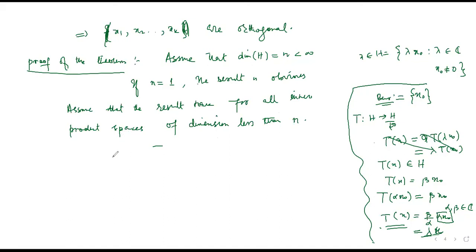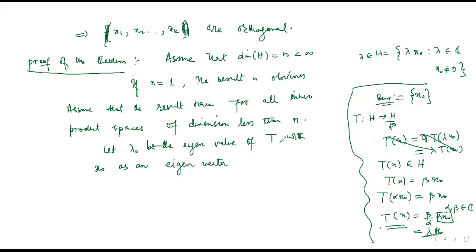Okay, now let lambda naught be the eigenvalue of T with x naught as an eigenvector. और हमें पता है इसका होता ही है eigenvalue, because in a finite dimensional space every operator has an eigenvalue.